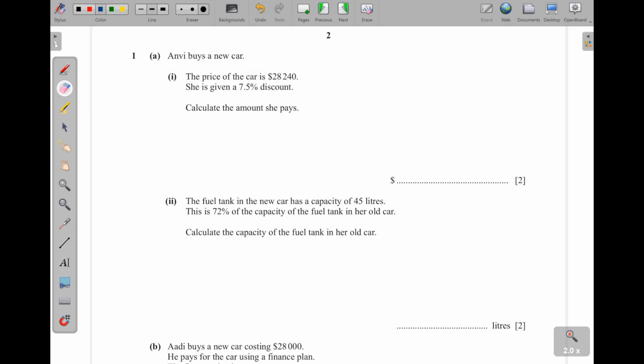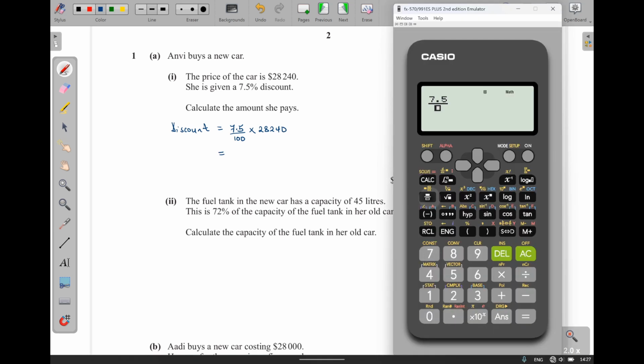Okay, I can use two methods here. Number one, I can first find the discount, which is equivalent to 7.5 over 100, then times 28,240. So we have 7.5 divided by 100, then times 28,240, and that is 2118.